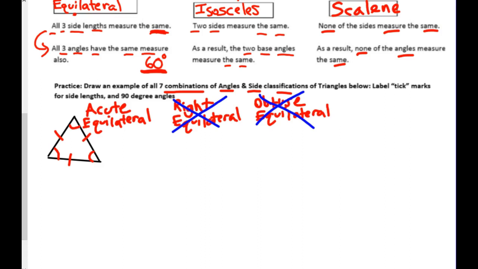So let's start with the next. What about an acute isosceles? What would that look like?